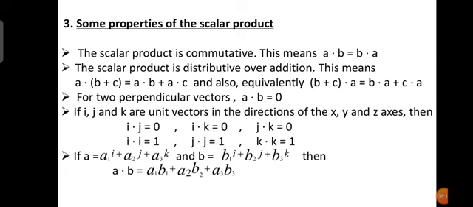So we can easily identify whether vectors are perpendicular by finding the dot product: if A dot B is 0, then the vectors are perpendicular to each other. And for the unit vectors i, j, k, which have directions along the x, y, z axes, i dot j is 0, i dot k is 0, and j dot k is 0.